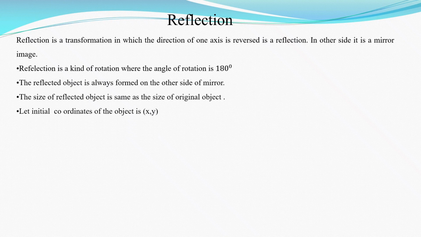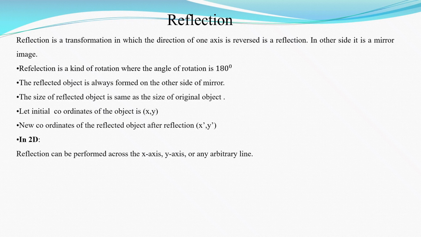The initial coordinates of the object are denoted as x, y, as we discussed in all the transformations. The original is indicated as x, y, and the new transformed object, in this case the reflection, gives x dash, y dash, meaning the coordinates change.